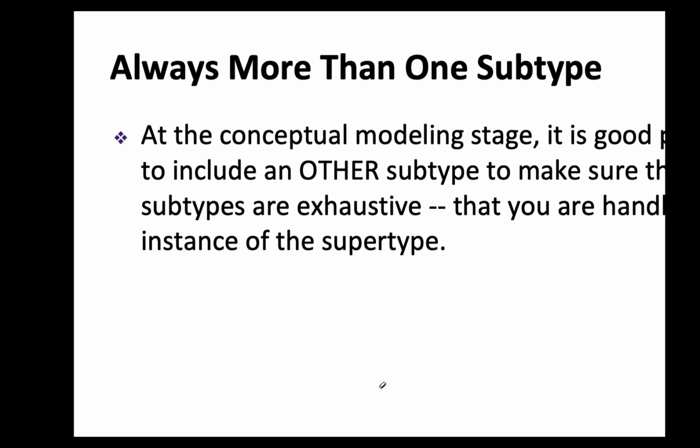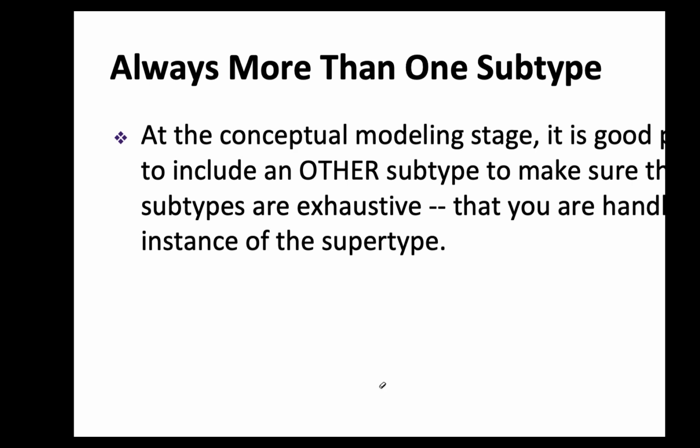Same is the case if someone is not paying with a credit card: you cannot enter him or her as a customer paying via credit card, because for a credit card you would need a PIN number or some other security code other than the card number and its validity. So that other subtype would help you, and this way you can make all the subtypes exhaustive.